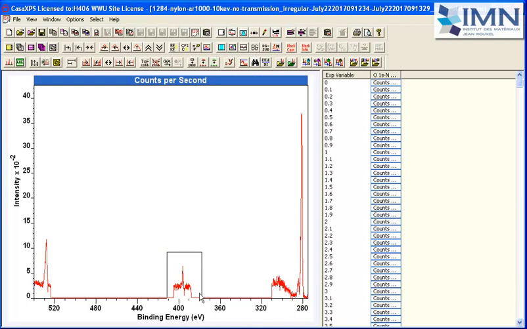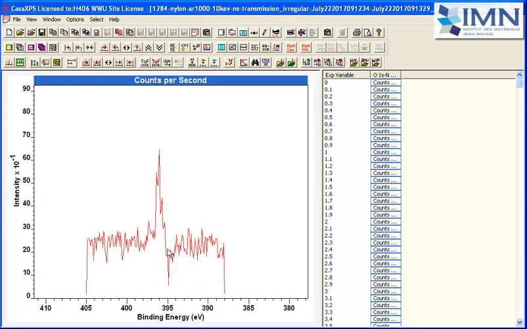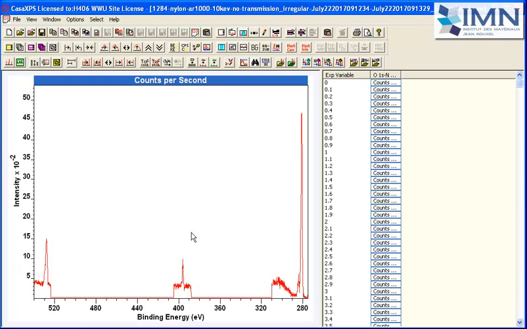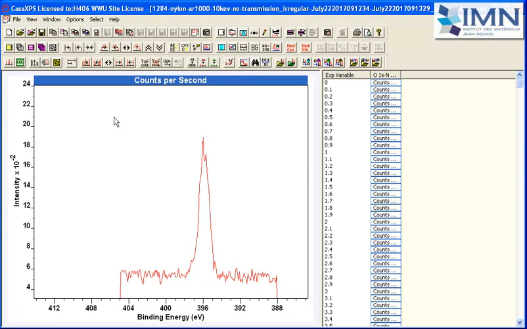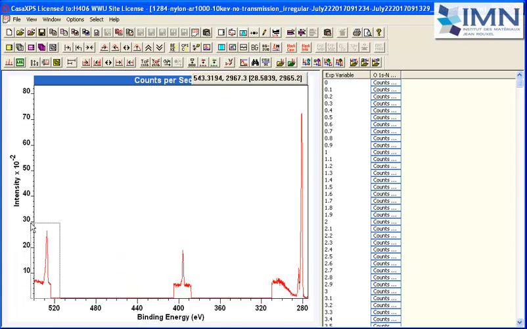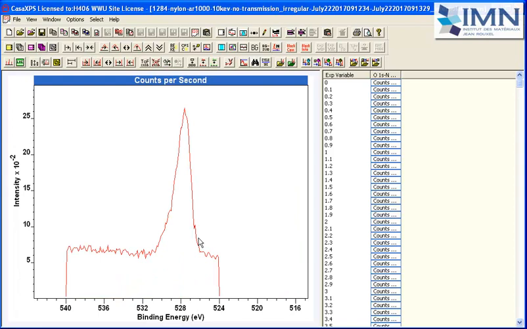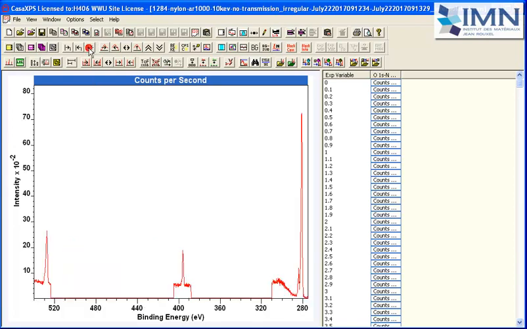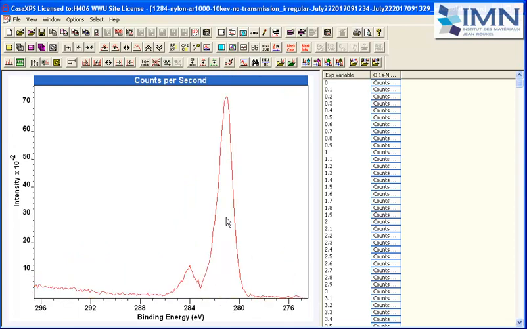Now we can see here we've got a peak, but it's starting to cause a negative going peak here, so we won't allow any non-physical type peaks in these two spectra that we're going to look at. We've got here, that looks reasonably good, and we've got an oxygen peak, and this oxygen peak is interesting because the background is flat here, and I'll show you why that's significant when I come to the next spectrum that I'm going to identify.